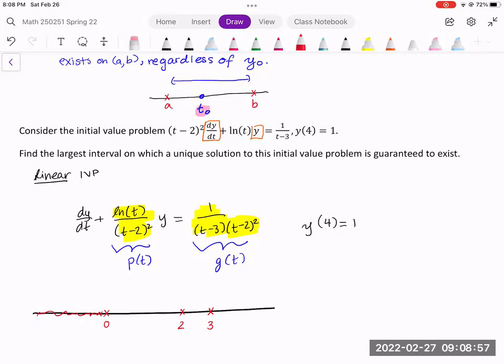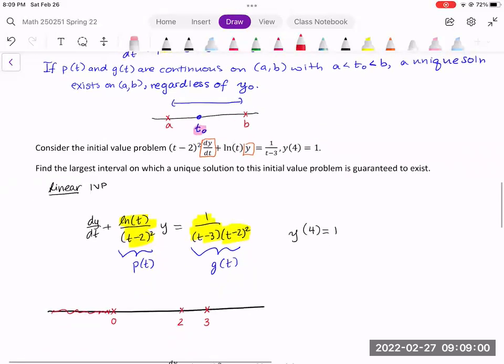All right, and so what we're going to do next is take a look at our initial time. So this is saying that our solution needs to be around when the time is equal to 4, because when the time is equal to 4, we need our output to be 1. So let's draw that in. Here we have the point 4, that's our t value.